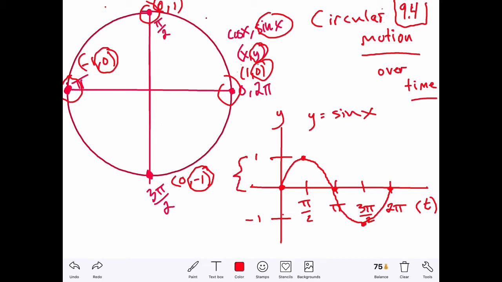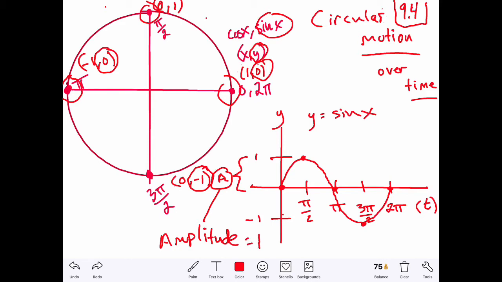This is what's called your A, or amplitude, from the midpoint to the highest maximum point there. Okay, so our A here is 1.